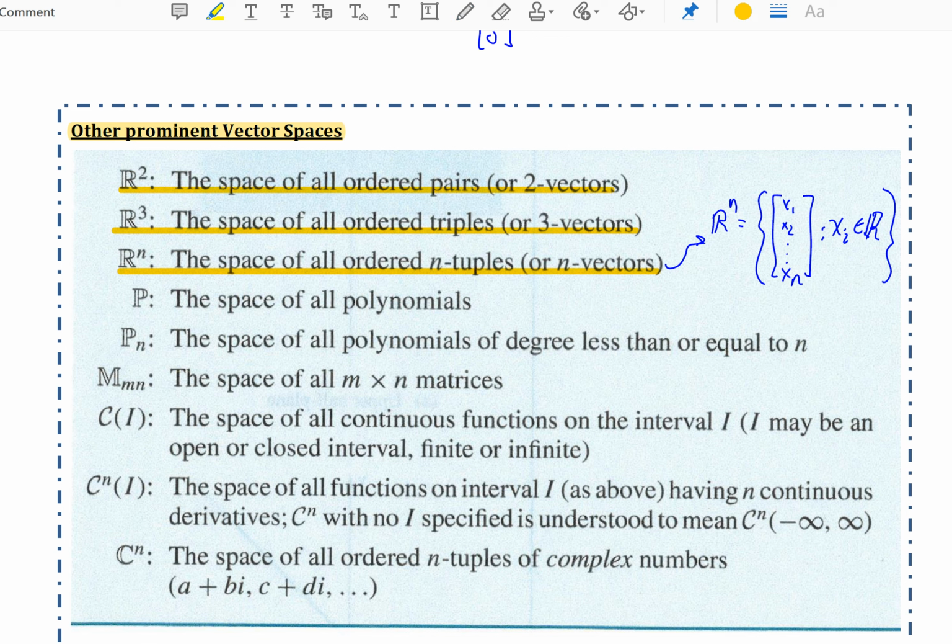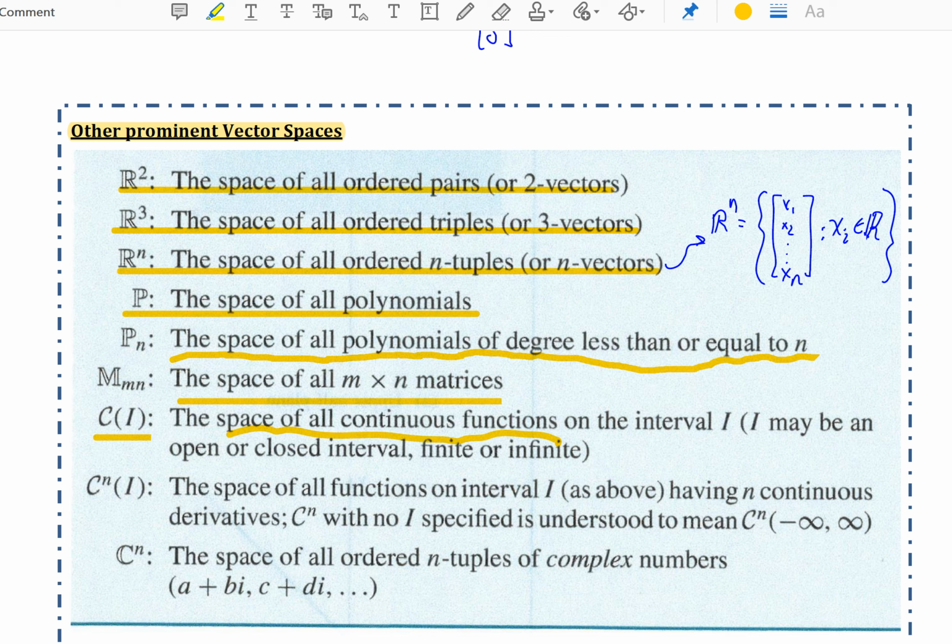Others would be the space of all polynomials. The space of polynomials of degree less than or equal to n. The space of all matrices of size m by n. Or C(I), this is one that you're going to want to remember, is the space of all continuous functions on some interval I. And this should be a concept from calculus you remember.